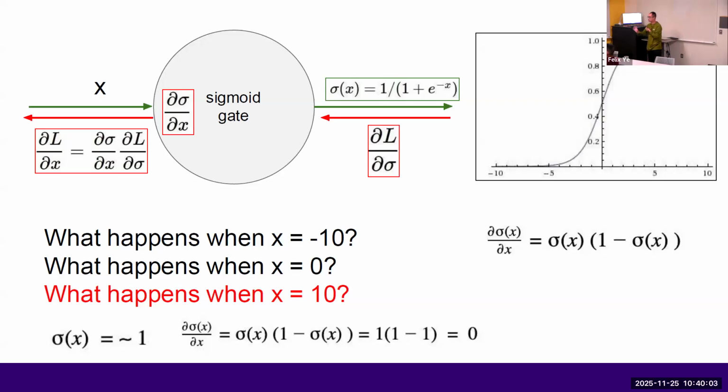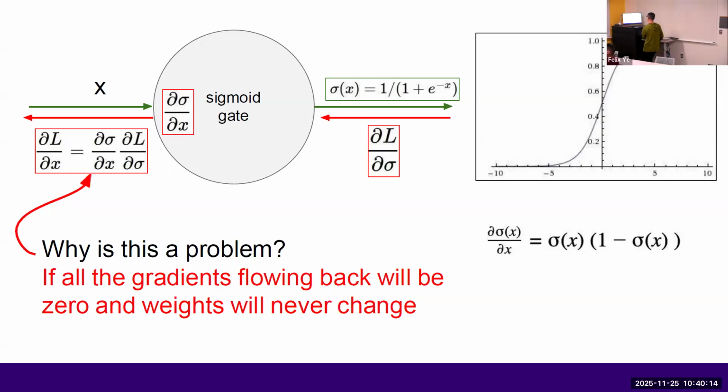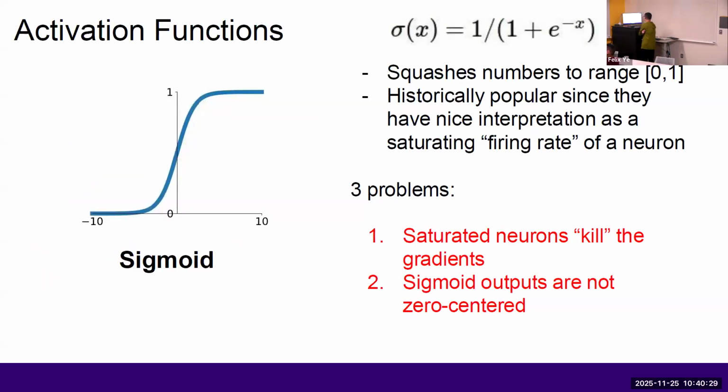If the value is concentrated around 0, then we don't have a problem. This is the plot of the derivatives. As I said, if all the gradients fall back to 0, then the weights will never change. So we have a problem. That's the first problem.